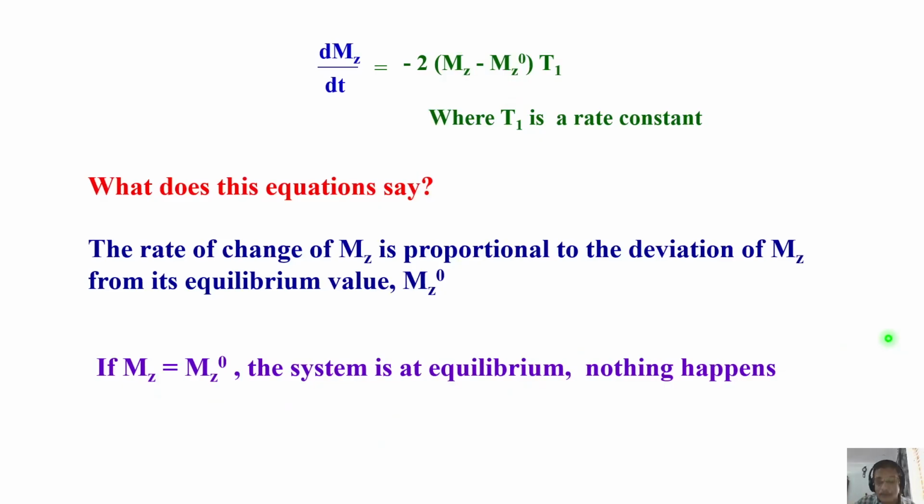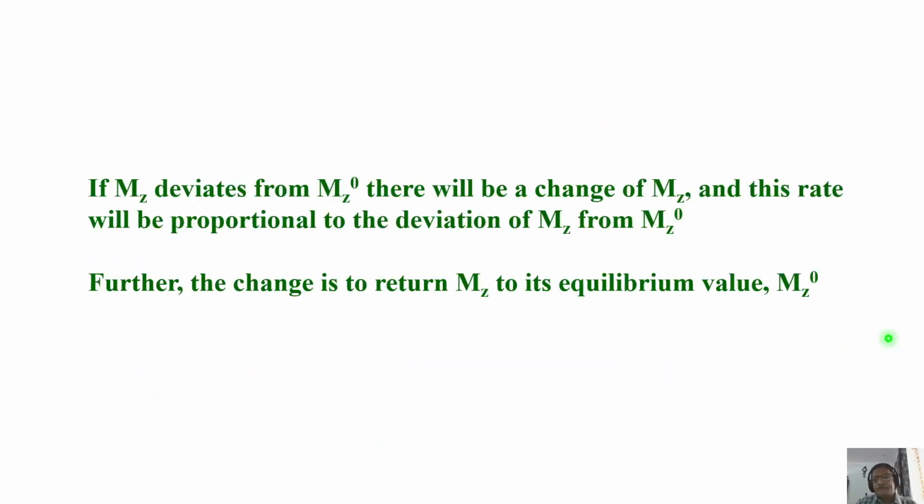That's what we were thinking, right? So if Mz deviates from Mz 0, there will be a change of Mz, and this rate will be proportional to the deviation. Further, when there is a change of the magnetization, it will return to its equilibrium value. That is an important point, remember.